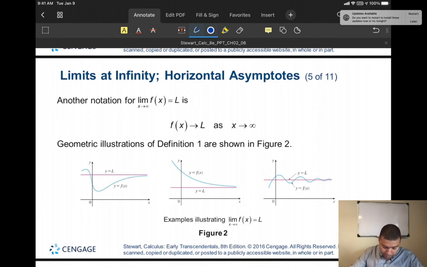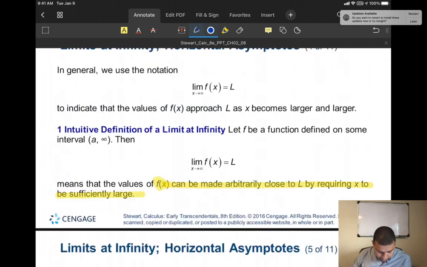That could be the case, but it could be that it's getting smaller and smaller and approaching L, or it could be oscillating around L as long as it's getting closer and closer all the time. What it's not allowed to do is get closer and closer and then leave and never come back. As long as it gets closer within a certain strip around L and doesn't leave that distance, then we can say that the limit is L as x goes to plus infinity.